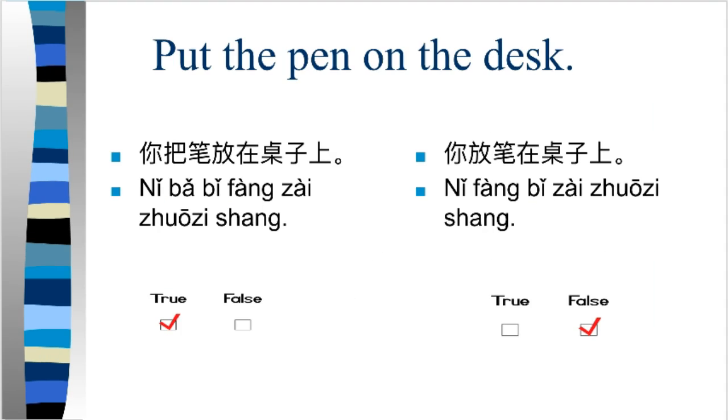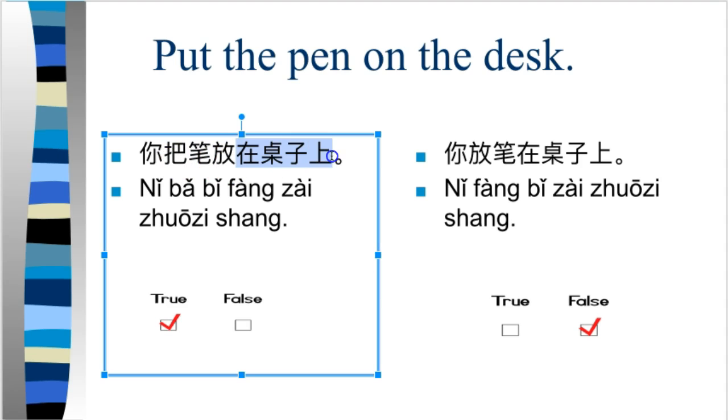Generally speaking, when you're trying to move objects around, you're physically moving things into different locations, you must use the 把 structure. This sentence here on the left is the only correct way to say put the pen on the desk. 你把笔放在桌子上. You must use 把 here with these prepositional phrases of physically moving around objects.